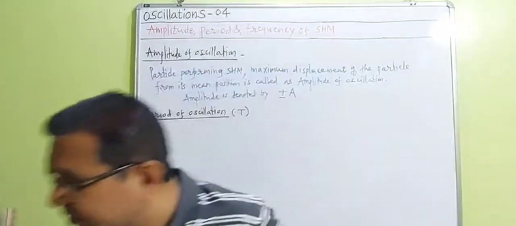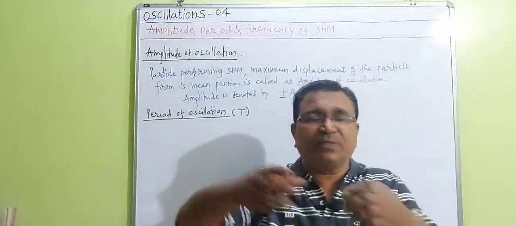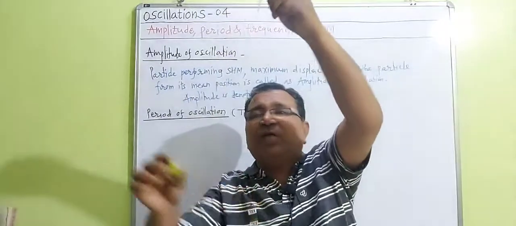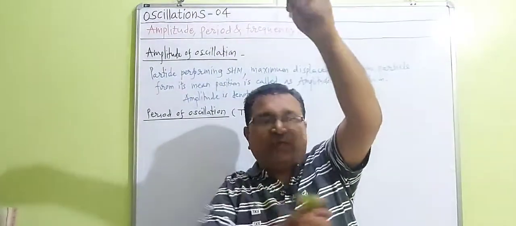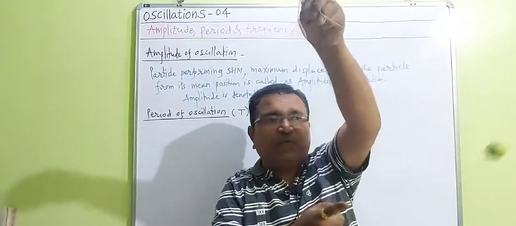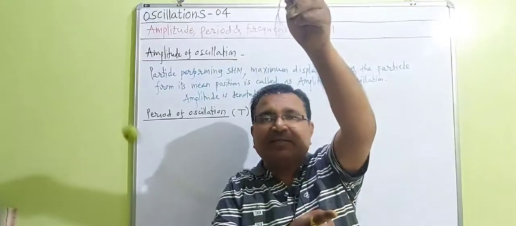So what is one oscillation? We can measure oscillation from any side. Suppose we count oscillations like this: 1, 2, 3, 4, 5, 6, 7, 8.